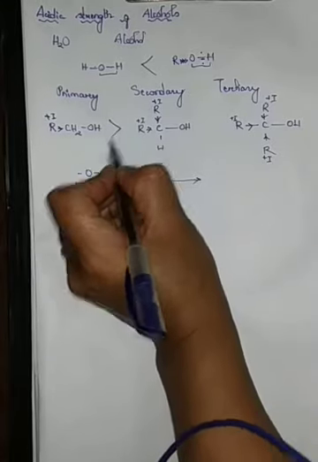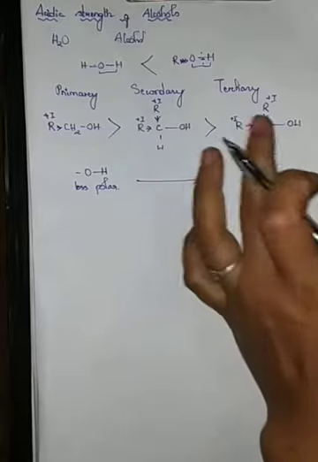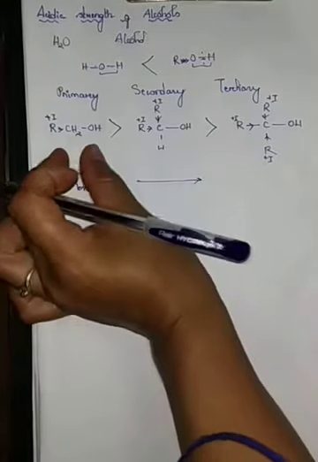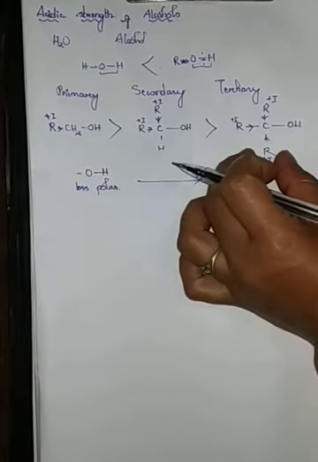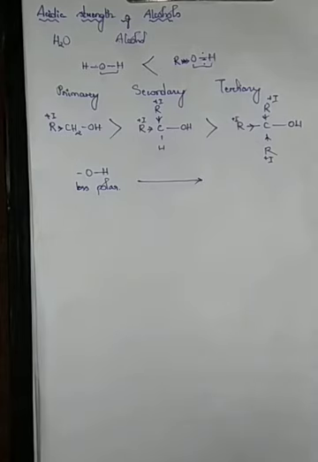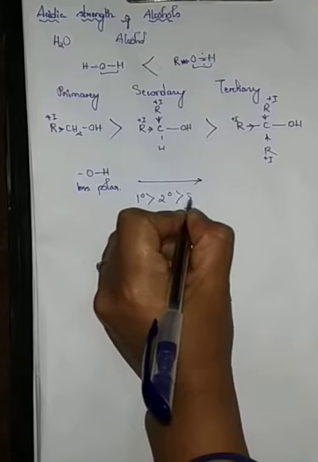Therefore, primary alcohol is more acidic than secondary, and secondary is more acidic than tertiary alcohol, because the electron releasing effect increases as we move from primary to secondary to tertiary, and thus the breaking of the OH bond becomes difficult.